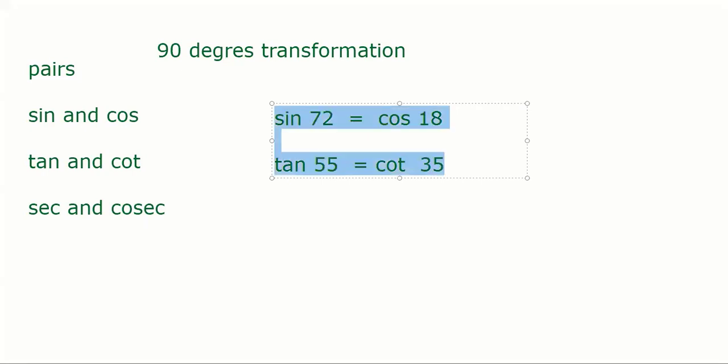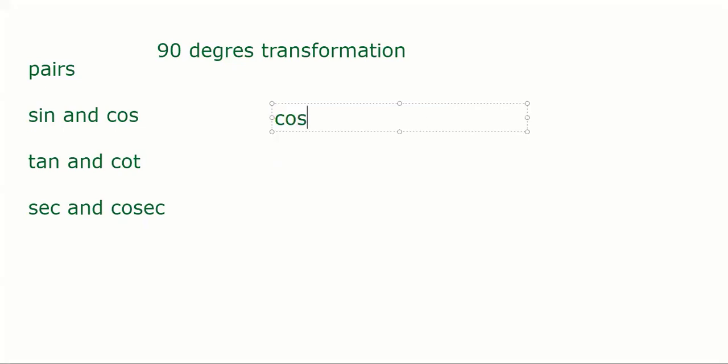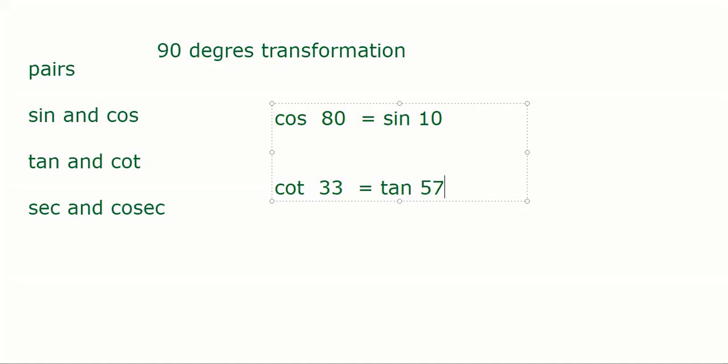Now this time you write the full answer, not just 35, you write the full thing. If I say cos of 80, what can I write instead of cos 80? Not sec, sec is not reciprocal here. Whose pair is with cos? Sin of 10. If I say cot of 33, what does it mean? The pair of cot is tan, so tan of 90 minus 33, which is 57. Very simple, everyone, very easy 90 degree transformation, and it is super useful for you.